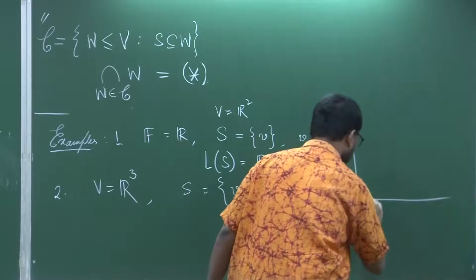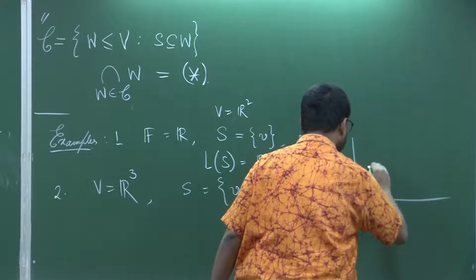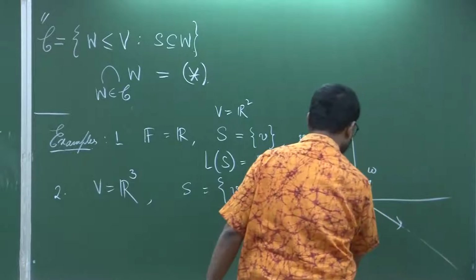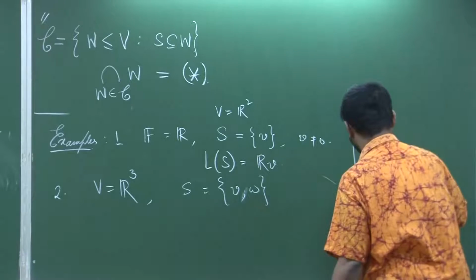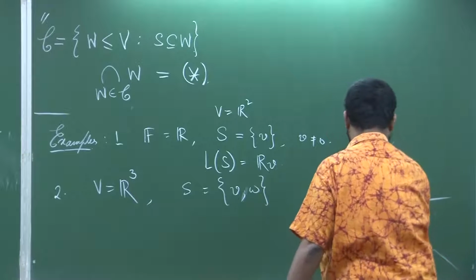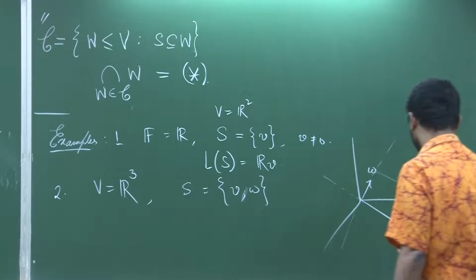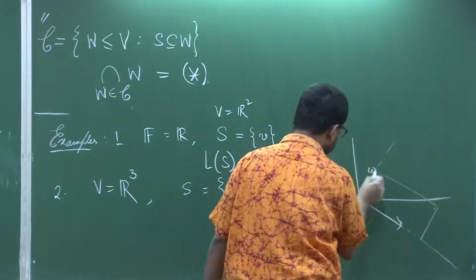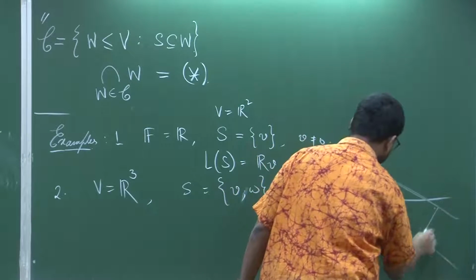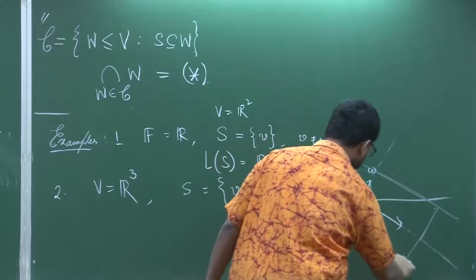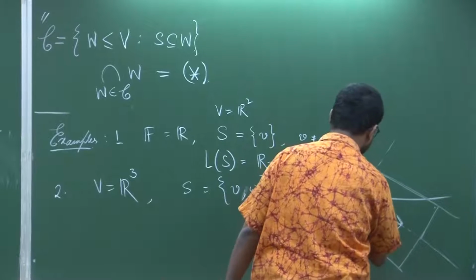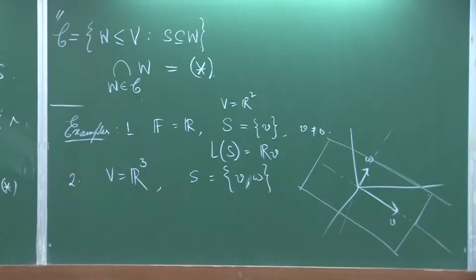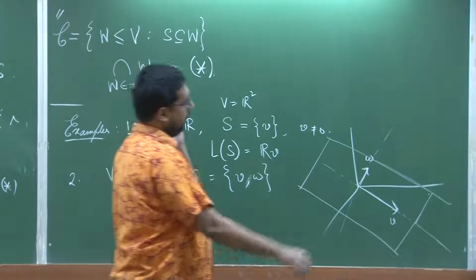If this is our v and this is our w, then all the scalar multiples of v lie here, and the scalar multiples of w lie there, and when you add them you will get any vector like this. Therefore, what it shows is that it is the plane passing through the origin containing the vectors v and w.